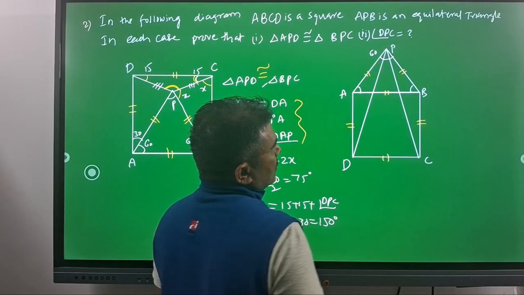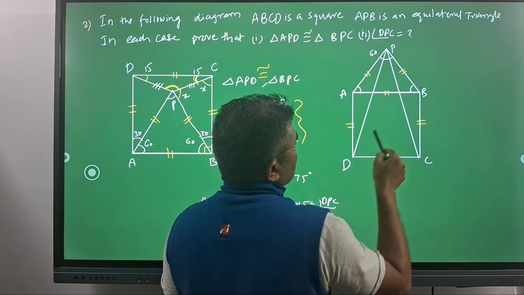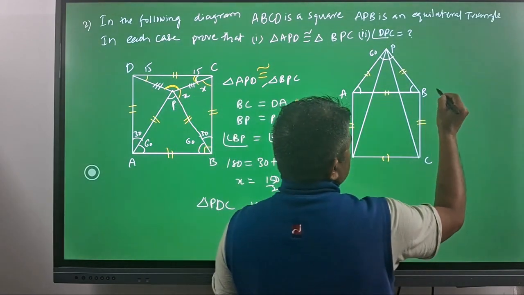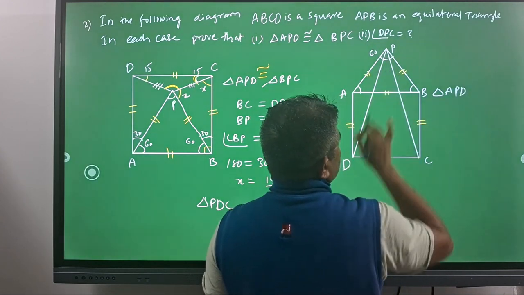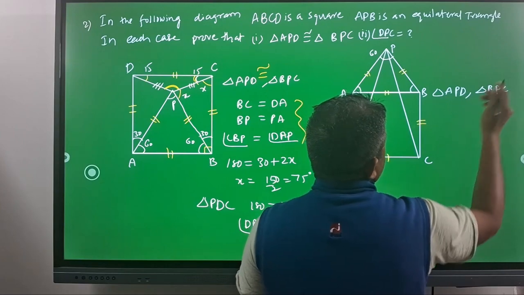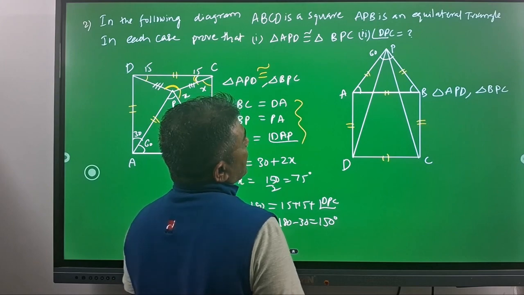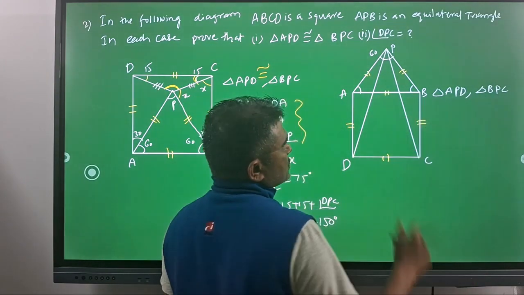We need to prove the congruency between APD and PBC. Consider those two triangles first, triangle APD and triangle BPC.